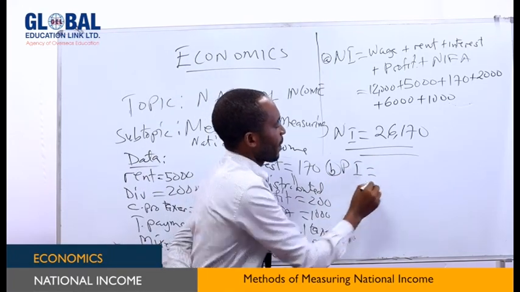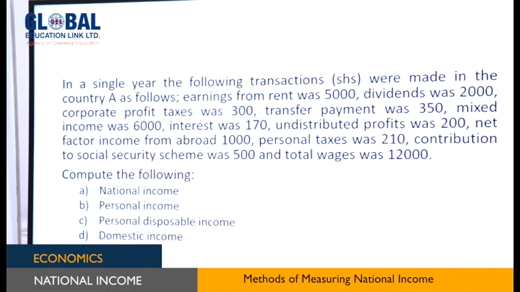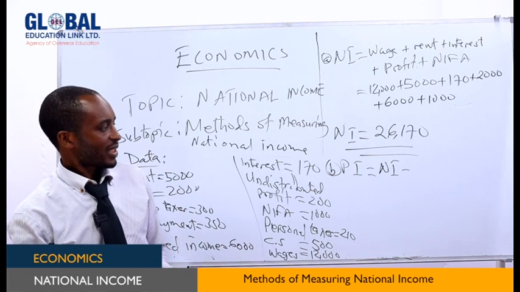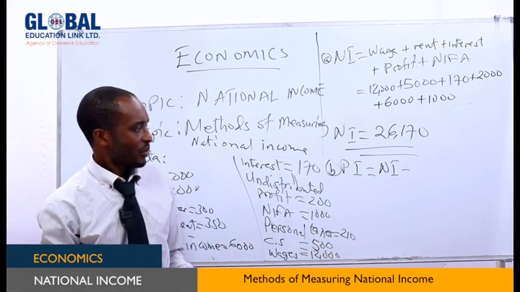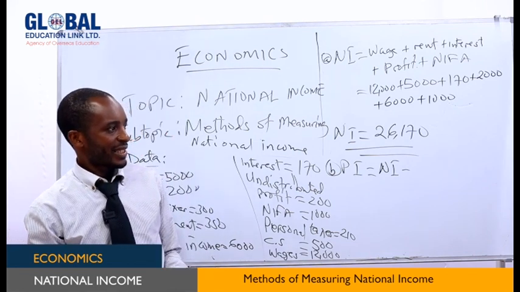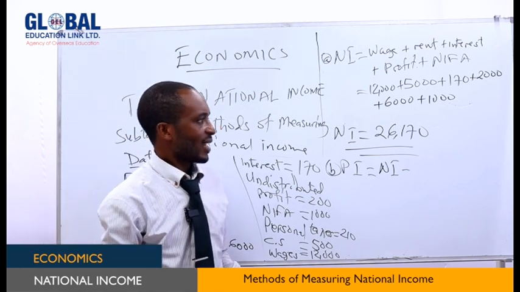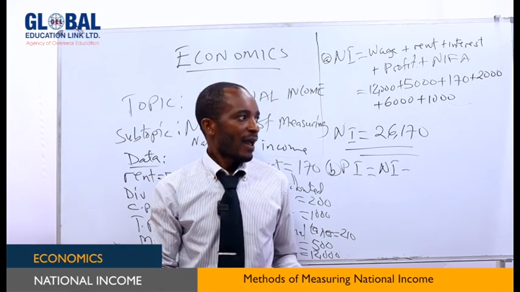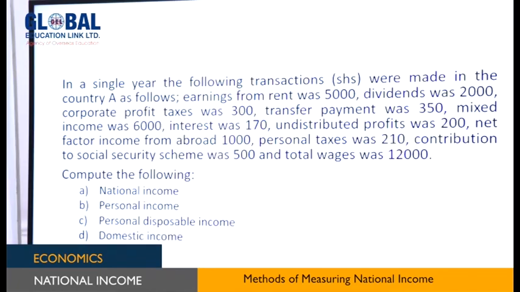The personal income is obtained by taking the national income and subtracting those incomes which are earned but not received, like undistributed profit, social security scheme contributions, and the corporate profit taxes.